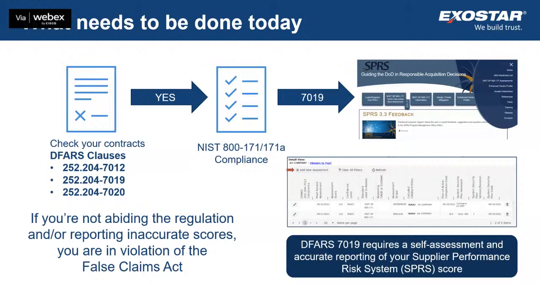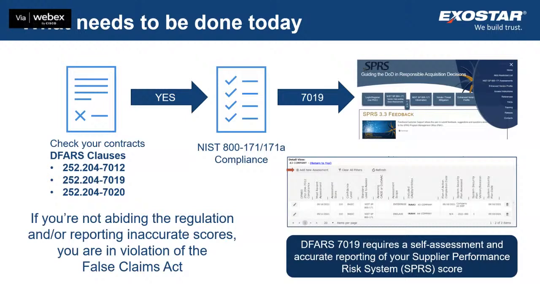So if you've got DFARS clauses in your contracts, or those DFARS clauses were flowed down to you because you're a sub on a particular contract, and those clauses are 7012, 7019, and 7020, you've already agreed, if you will, that your organization does comply with NIST 800-171.